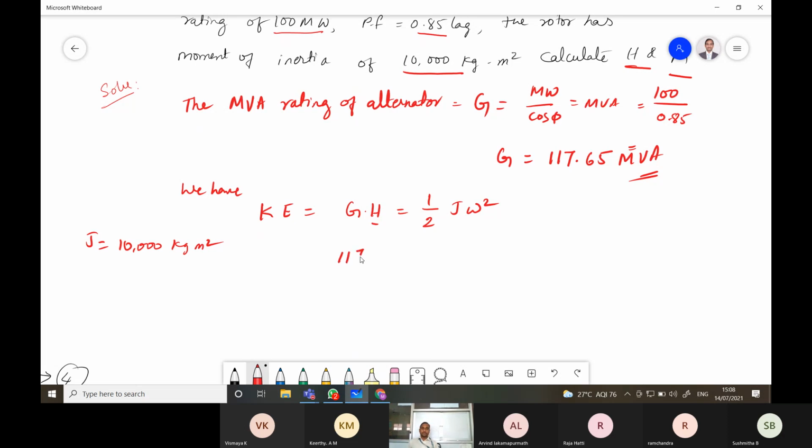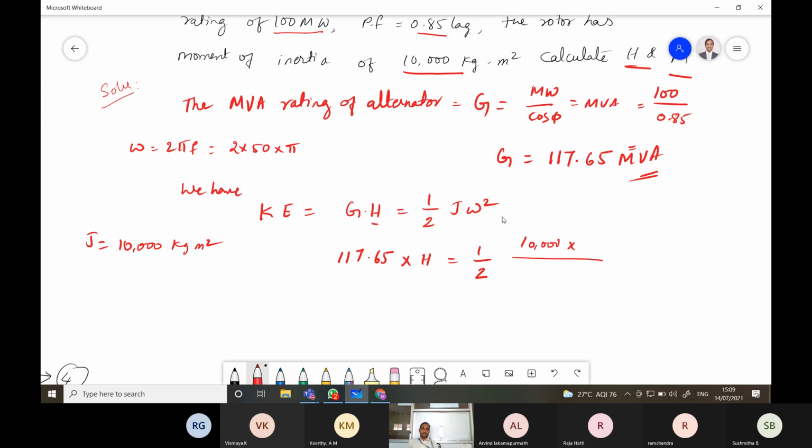Substitute 117.65 multiplied by H is equal to half into J value, 10,000, into omega square. Omega is equal to 2 pi F. F is given as 50 hertz, so 2 into 50 hertz into pi.